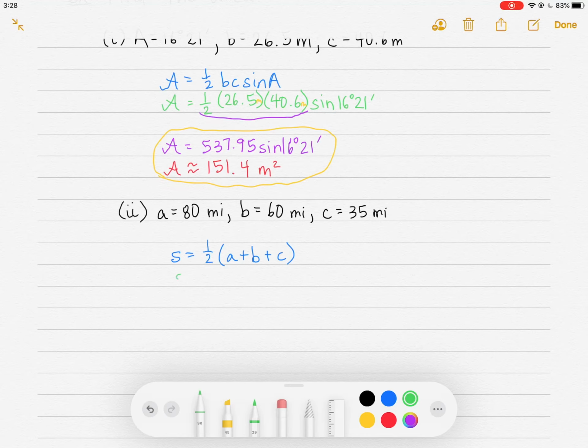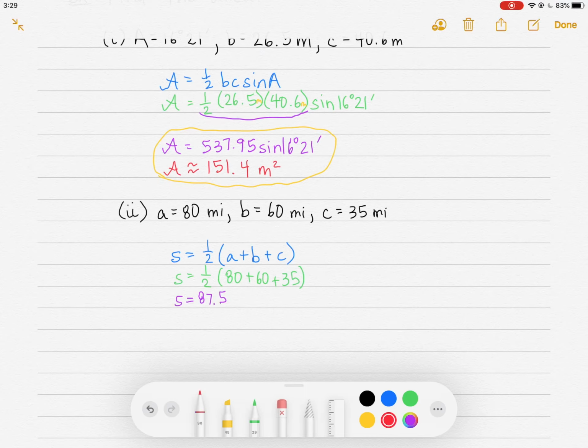In this case, that is 1/2 times 80 plus 60 plus 35. And our S is 140 plus 35 divided by 2, 87.5. Our semi-perimeter is 87.5, and that is exact. I am not rounding.